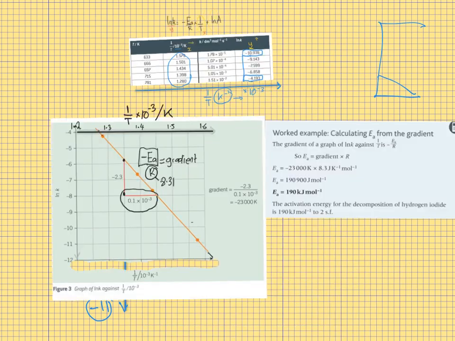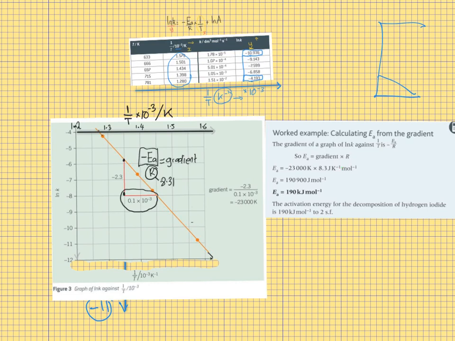So let's just go through that calculation again. The gradient, when you plot your graph of 1/t here against natural log of k here, is minus activation energy over the gas constant. Rearrange this equation, so EA equals gradient times the gas constant.